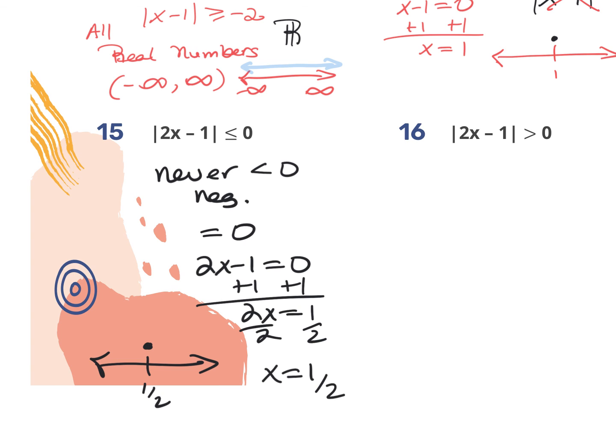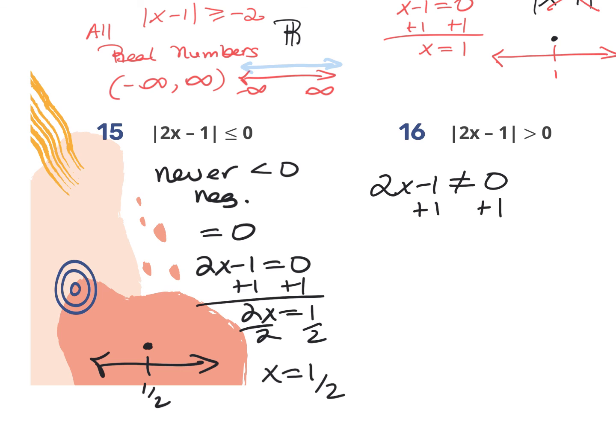For number 16, for this one, what we have to figure out is what it can't be. So it's always going to be positive, except for it can't equal 0. So this is what it can't be. It cannot be equal to 0. So I'm going to solve this, and this is going to be like a hole in my graph.